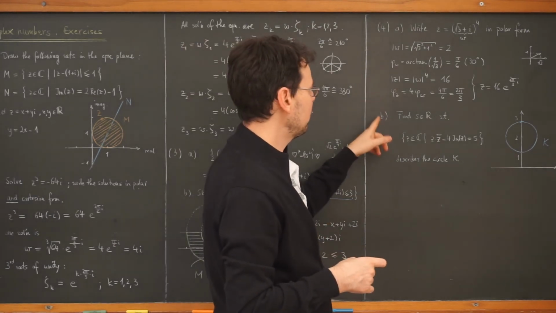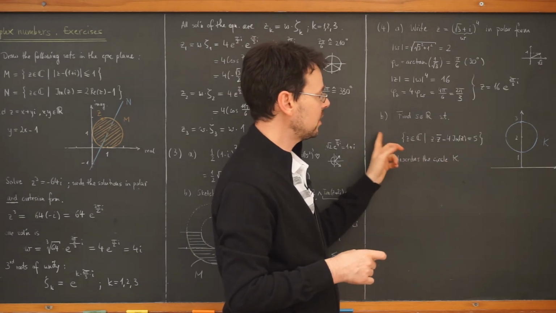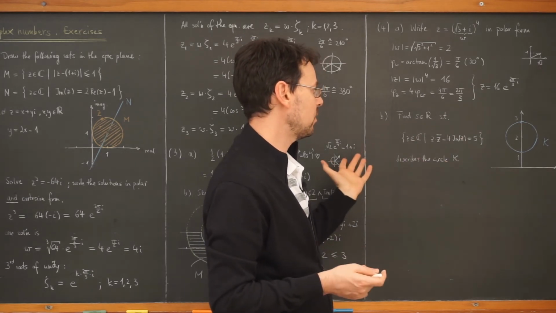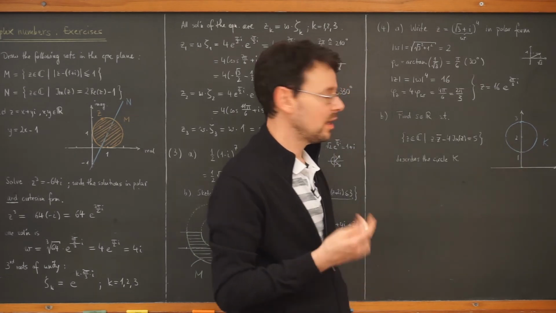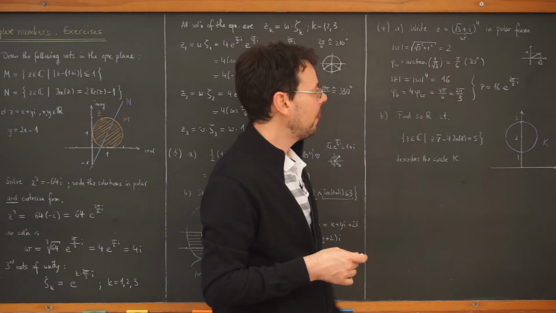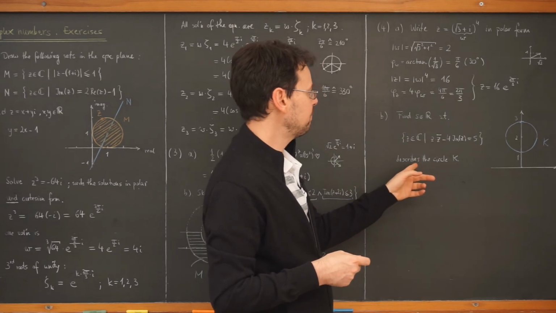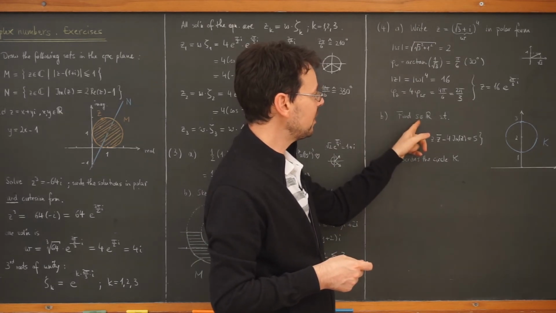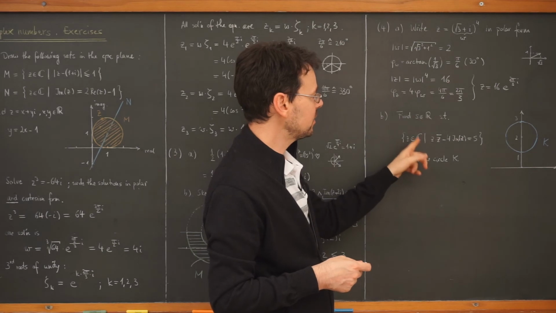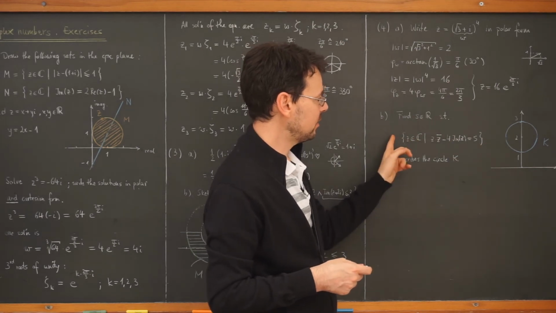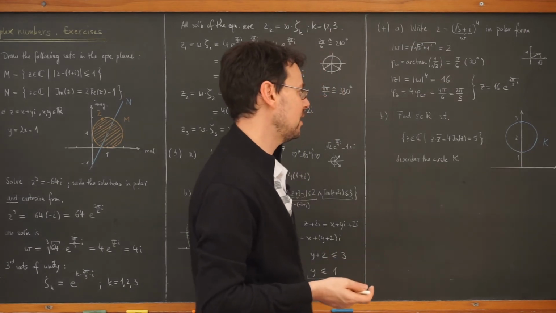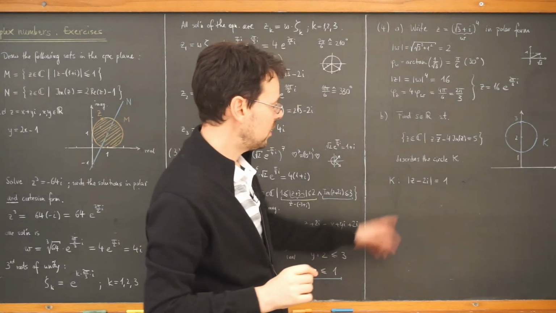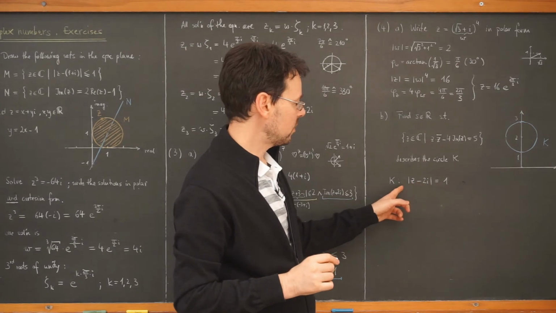Okay, now number 4b. This looks unusual at first glance, but is not that hard. You are given a circle K, German Kreis, in the complex plane, and you should find a real number s such that this set in the complex plane is exactly this circle K here. We start by writing down the usual equation for a circle.